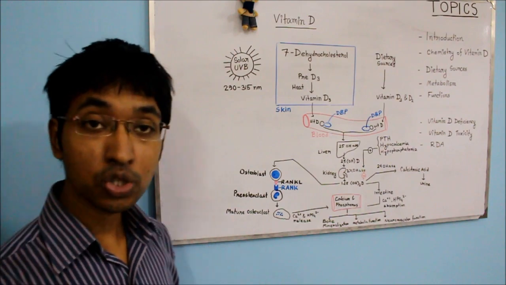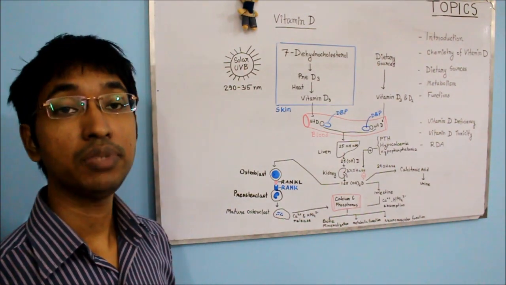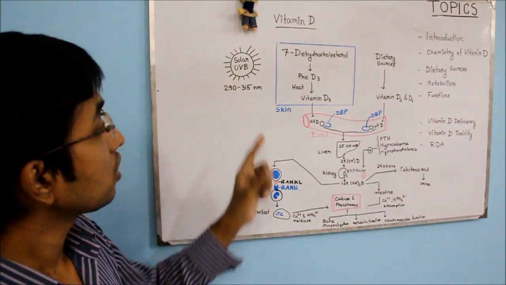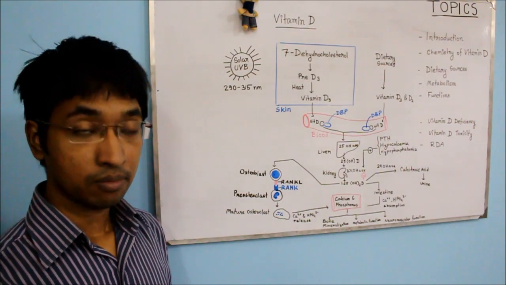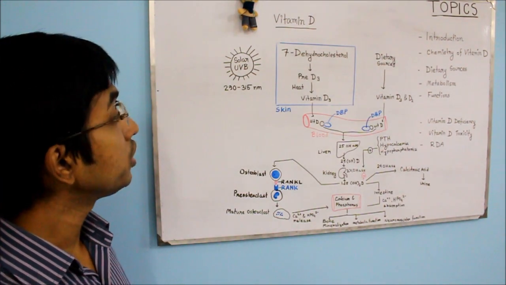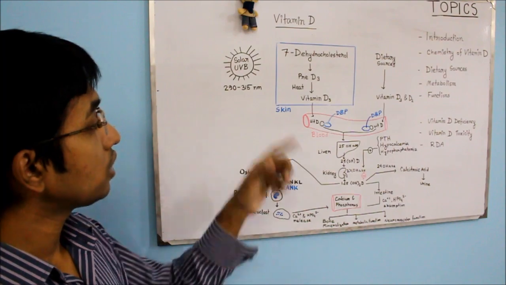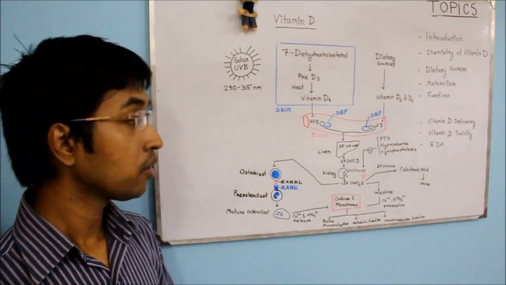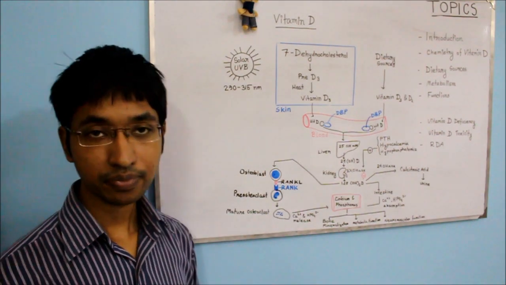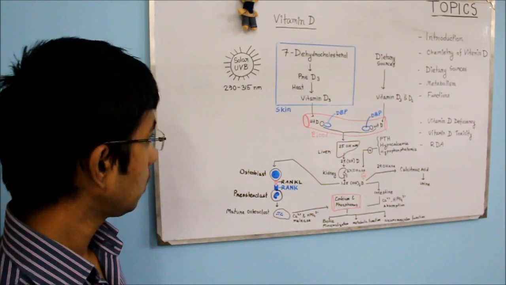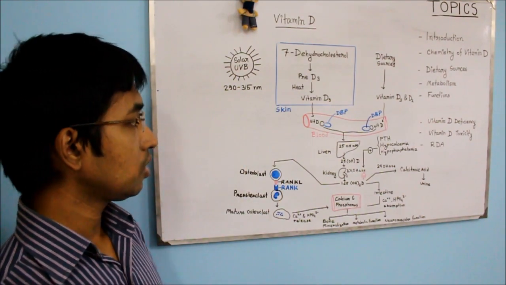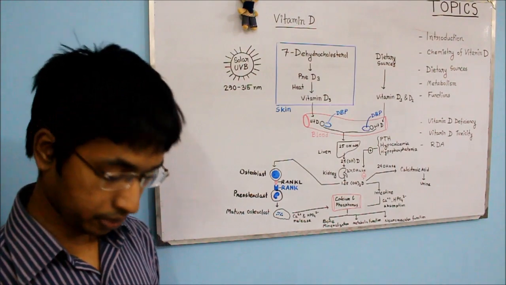So upon exposure to this type of ultraviolet B radiation, 7-dehydrocholesterol is converted to pre-D3 and ultimately with heat that is converted to vitamin D3. Then what happens? Vitamin D3 is absorbed in the blood.